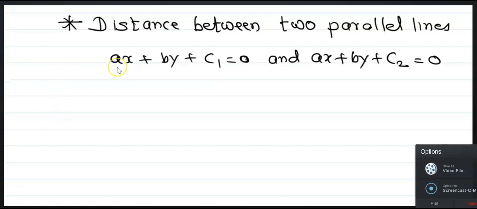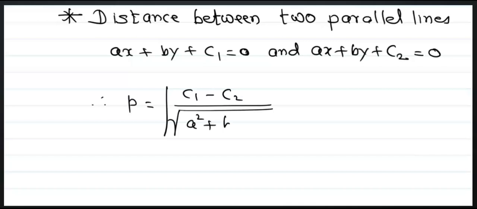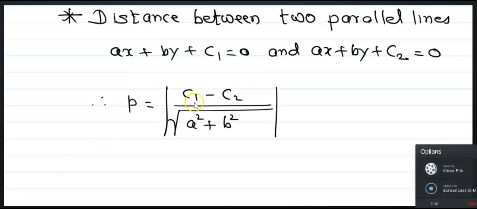The meaning of this is that ax plus by is the same for the given lines. Now see this here. p is equal to mod of c1 minus c2 upon under root of a square plus b square.